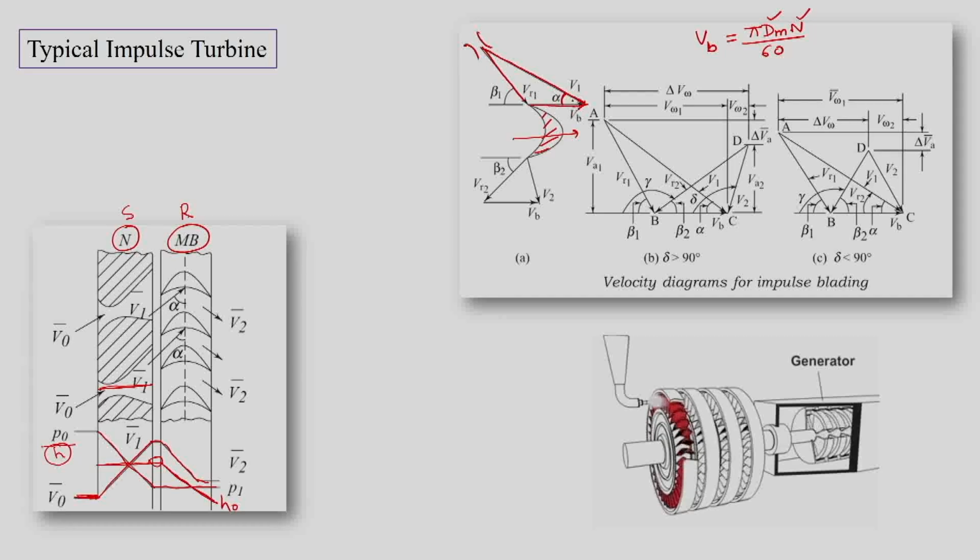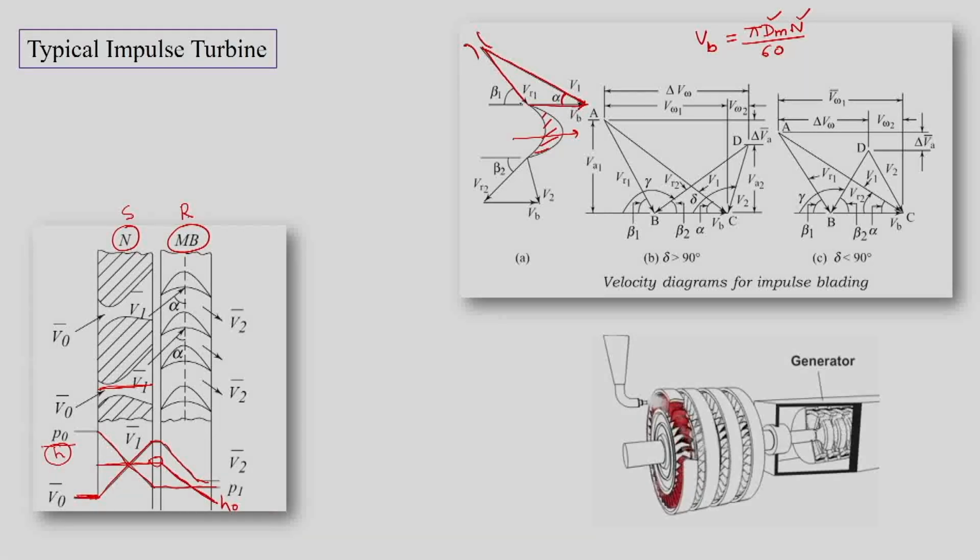Since we can measure n and we know the mean diameter of the rotor, we know Vb. So between Vb and V1, the absolute velocity, there is an angle alpha. This is also called the nozzle angle, or the angle made by the absolute velocity.